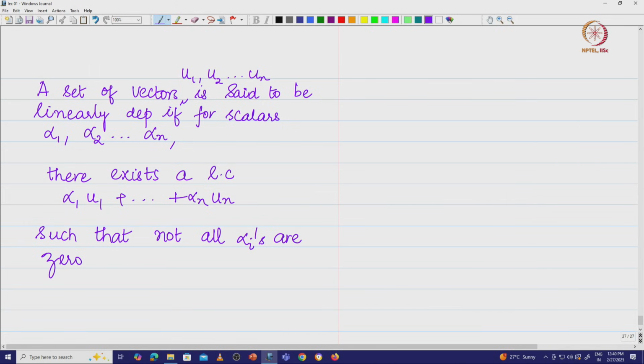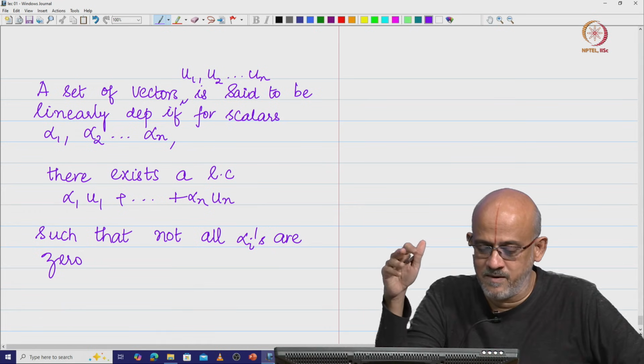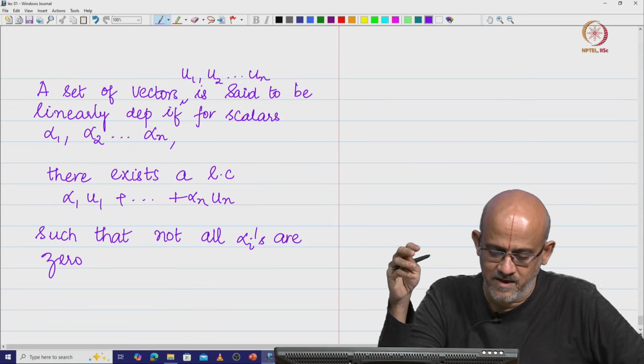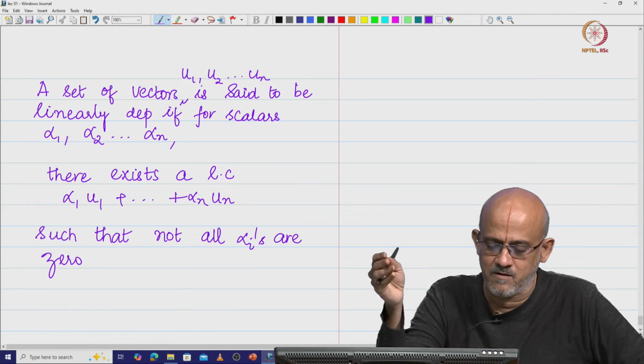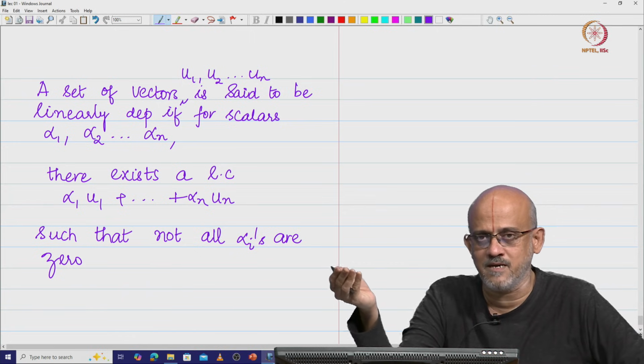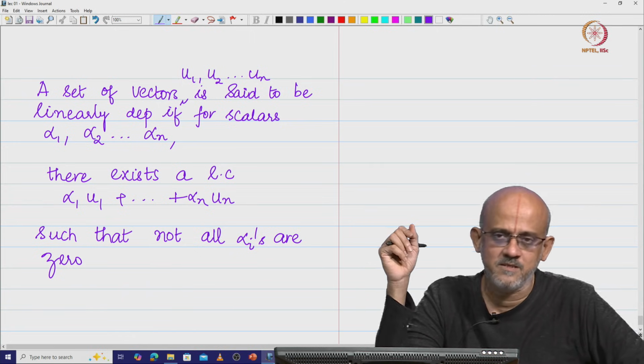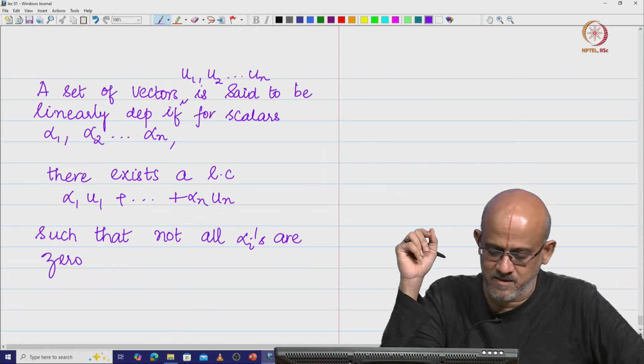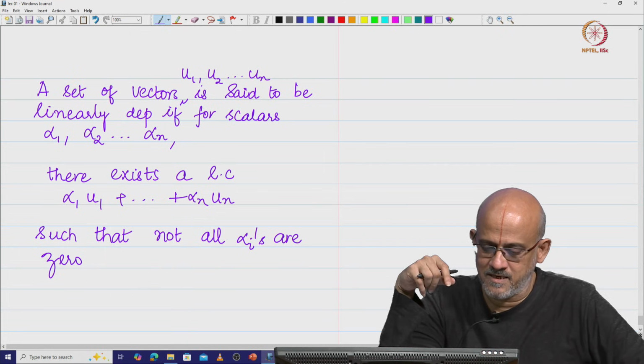This combination is what you call a linearly dependent set of vectors. That means if you look at the linear combination, there could be a combination where the scalars need not be 0, but the resultant vector of the linear combination is the 0 vector. Such vectors are called linearly dependent vectors.